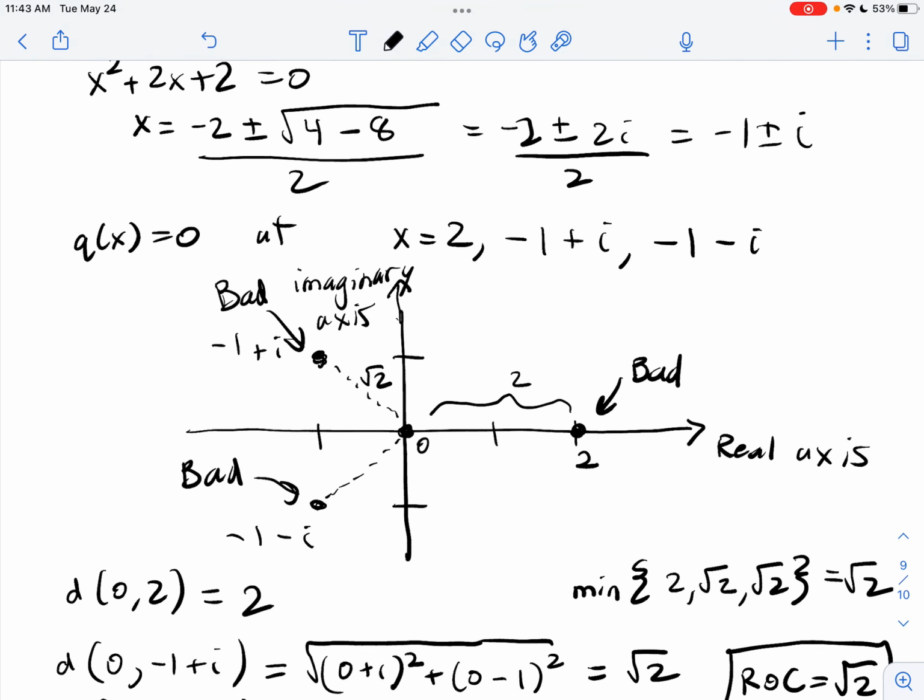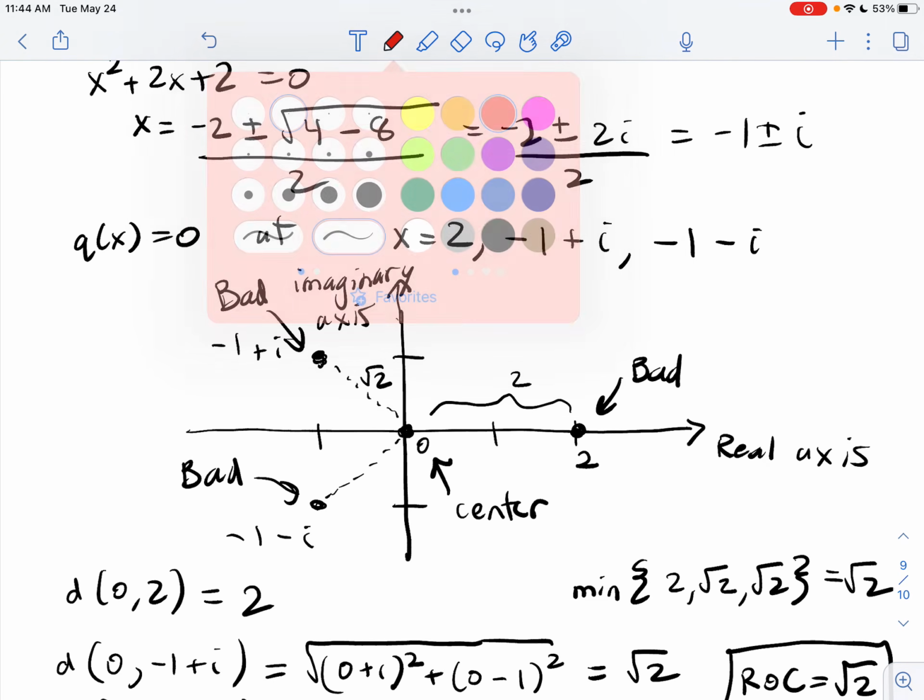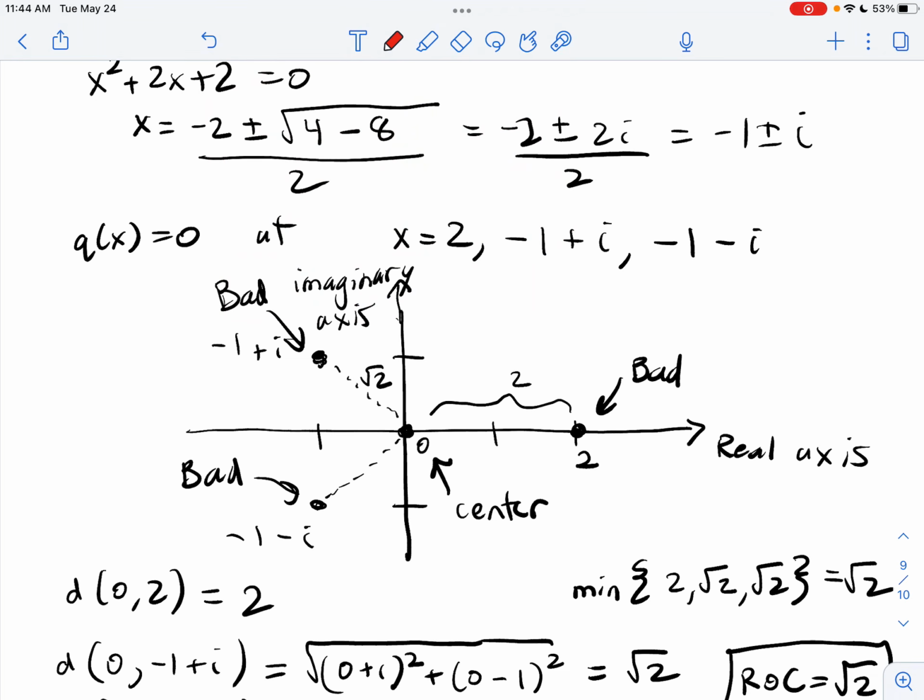We're figuring out how far away our center is, and this is our center, right? We're figuring out how far away the center is from the bad points, and whatever that smallest distance is, we call that the radius of convergence, because if you think about it, that means that we can think of it as we can create a circle around it with that radius, and we won't hit any of the bad points, right? That is as far out as we can go.